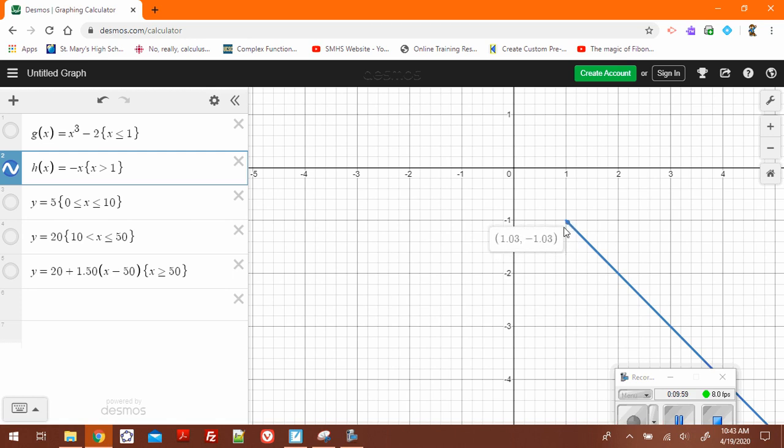Now on Desmos, if I go right to 1, it says I'm undefined, because technically I do not have a point there. The limit on my domain is that x is greater than 1. I can't put in 1. But as I follow this along, it certainly seems to be approaching -1. It gets really close there.